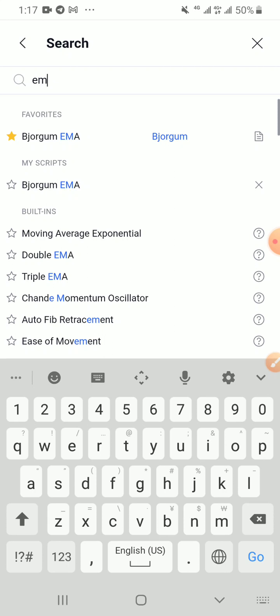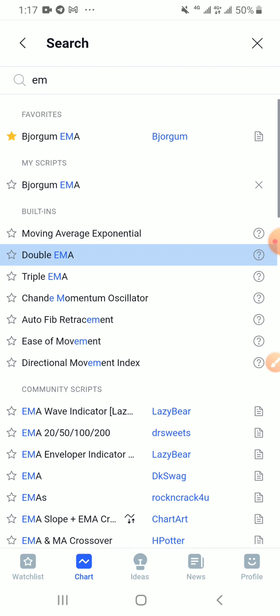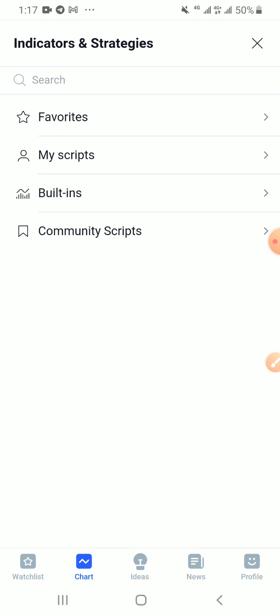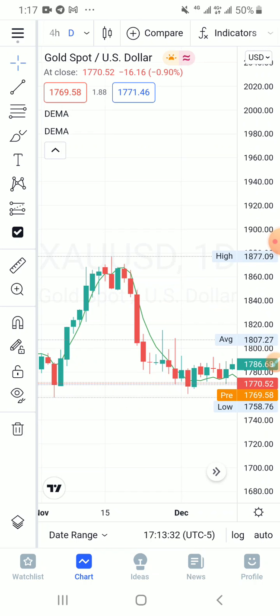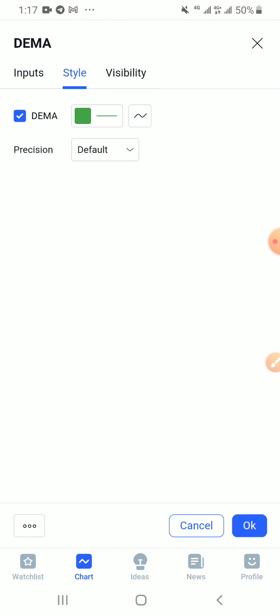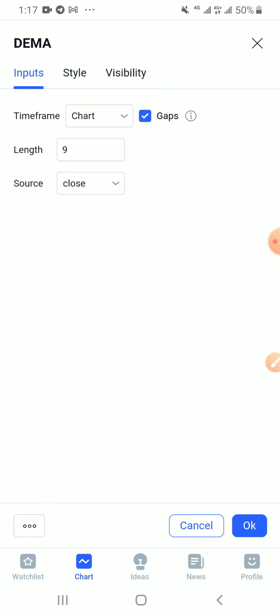We can have double EMAs, it's okay. Let us go and check. Yeah, we have 2 EMAs or double EMA.